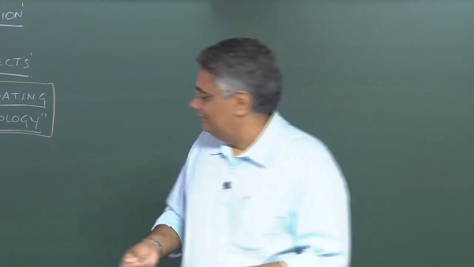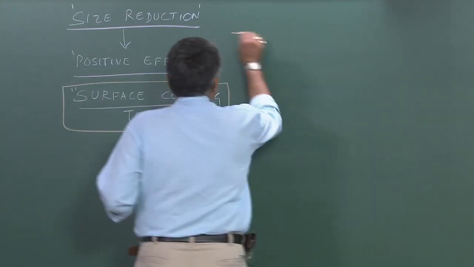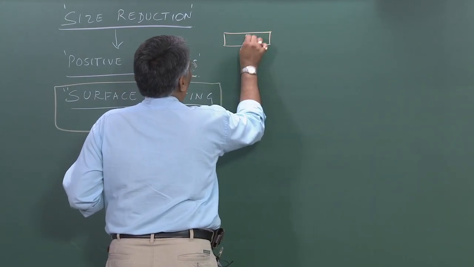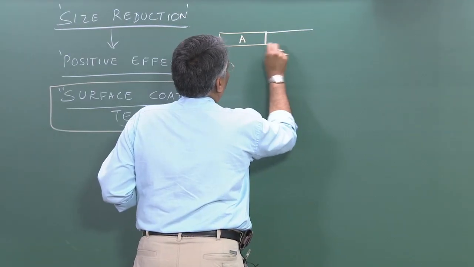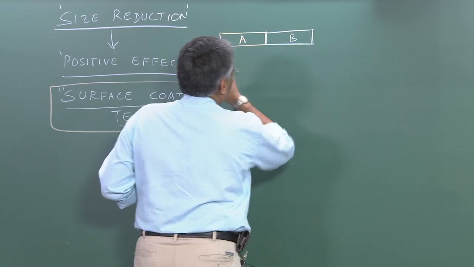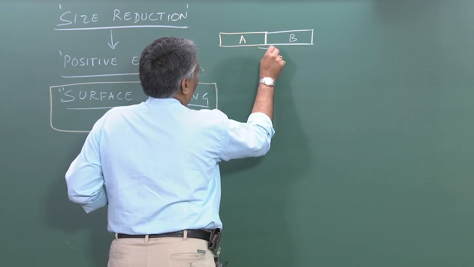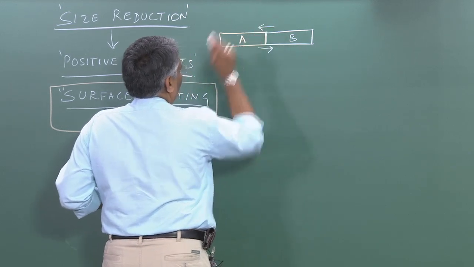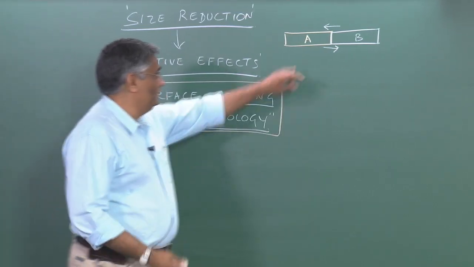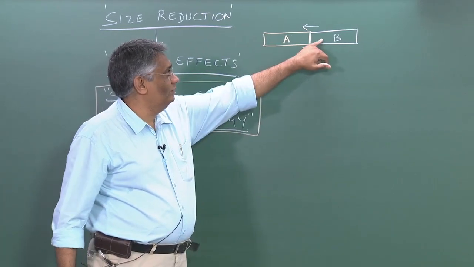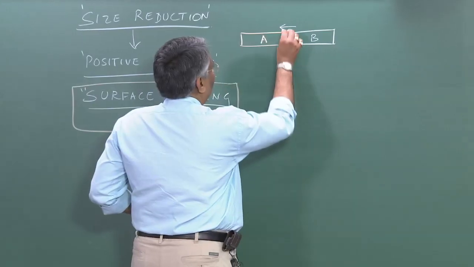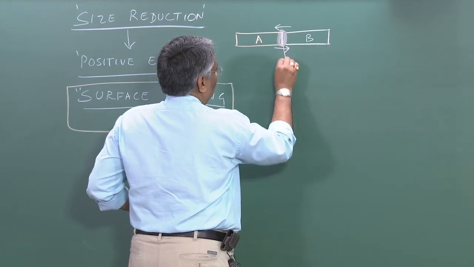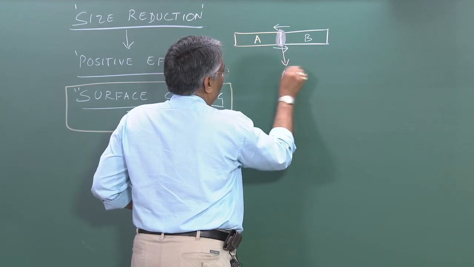Ideally, if this is a compound A and this is a compound B, you can have the ionic species migrating from B to A and A to B. This can lead to the formation of a new phase, say AB.